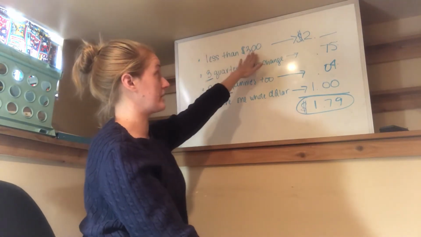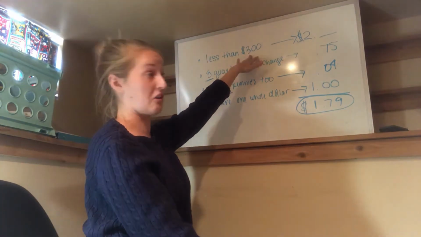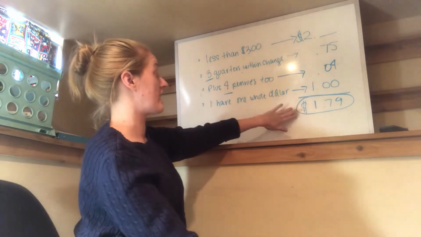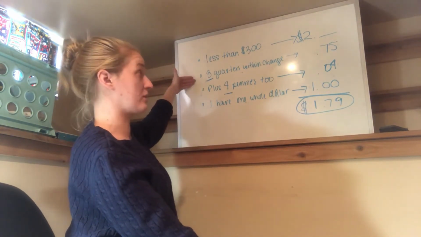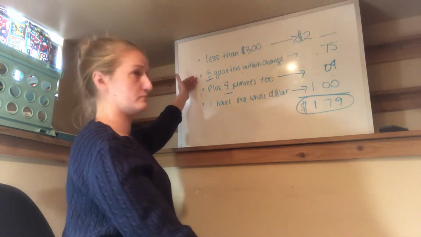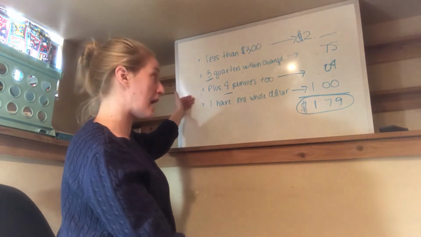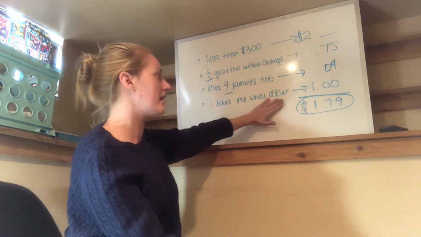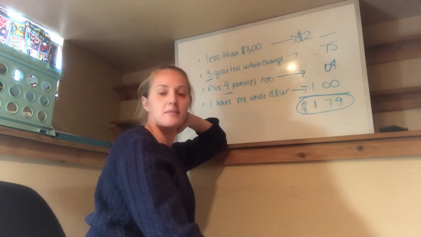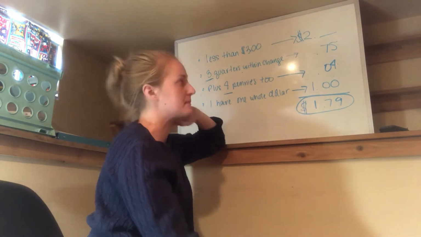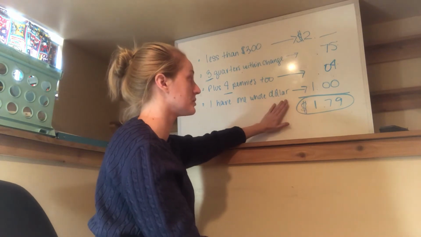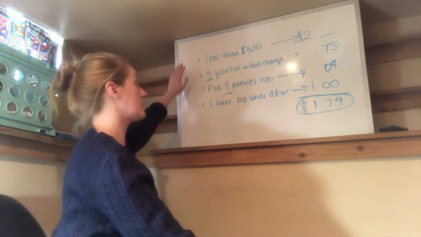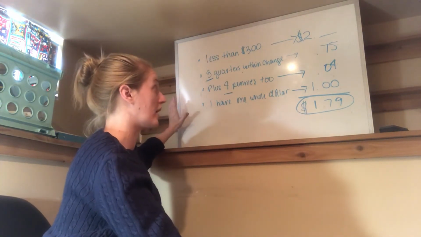Is $1.79 less than $3? Yep, sure is. Does $1.79 have 3/4 within its change? Sure does. Does it have 4 pennies too? Absolutely. And does it have $1 as its largest amount? Sure does. So this is one possible way. Boys and girls, I would like you to write this down for your number 1.